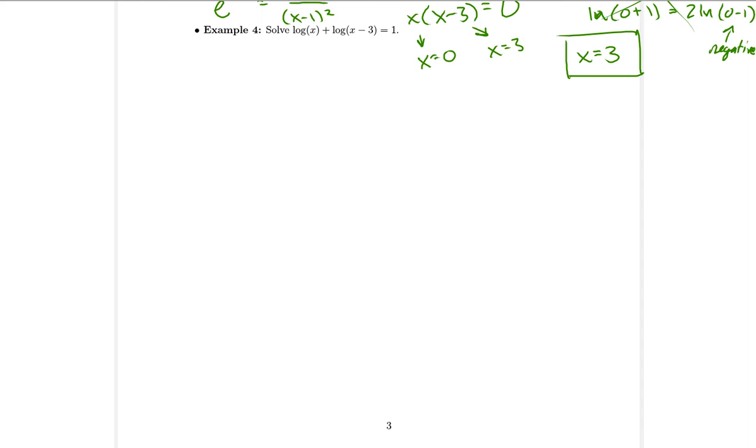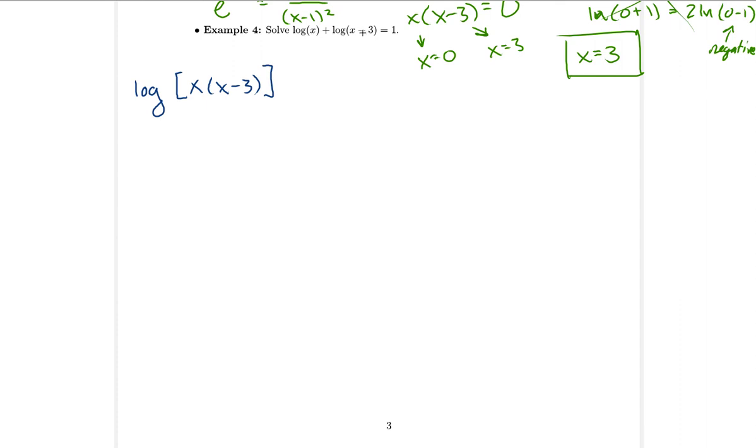All right, welcome back. So here, kind of like on that very first problem, we've got these 2 logarithms added together. So we want it to be a single logarithm. So let's try our property of x times x minus 3, right?